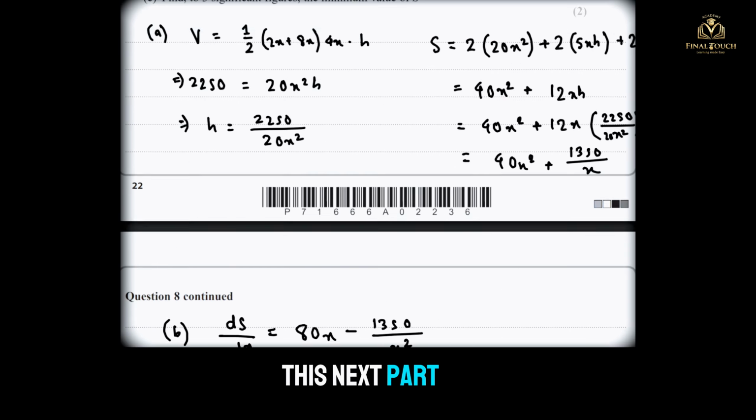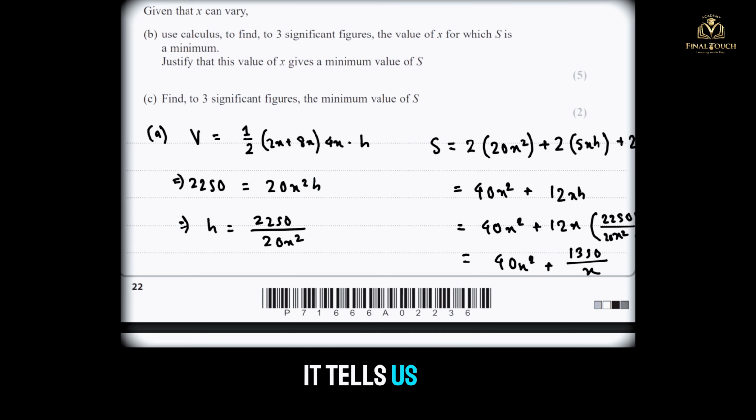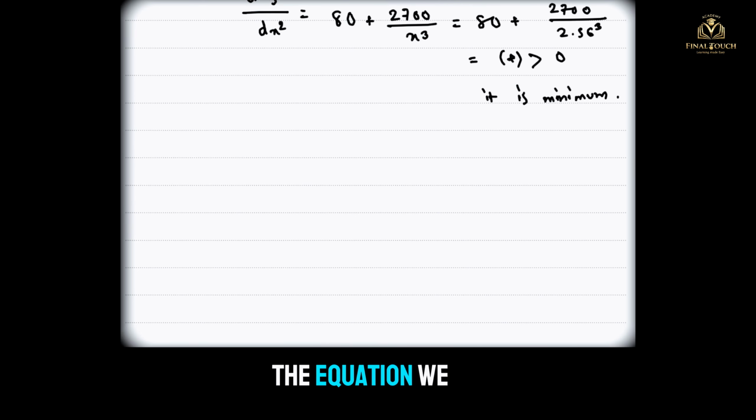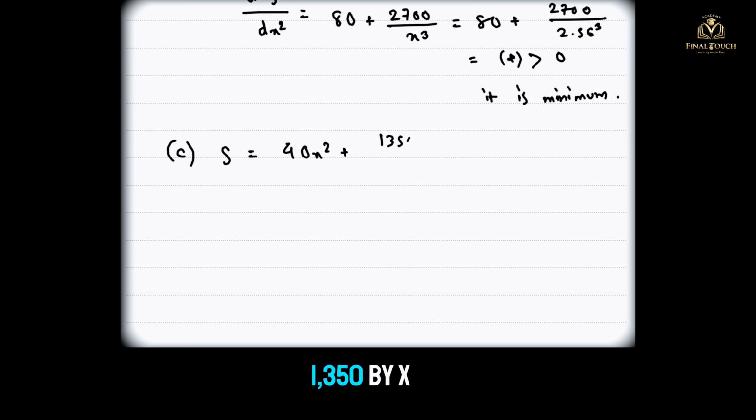Moving on to this next part, it tells us to find, to three significant figures, the minimum value of s. The equation we had for s was 40x squared plus 1350 by x.